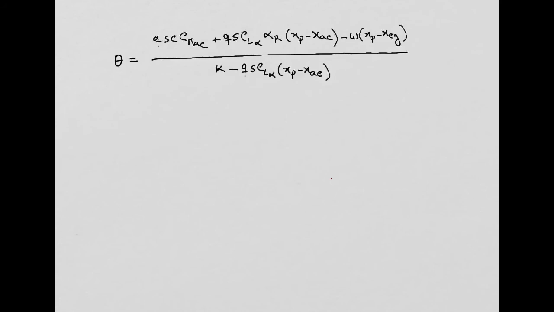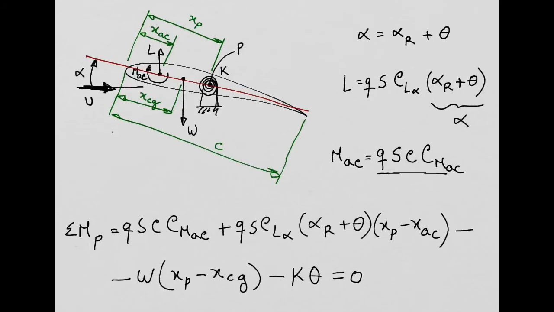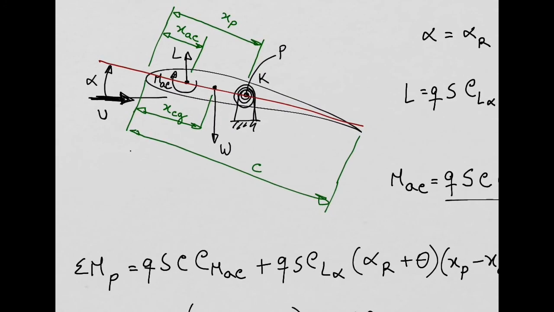Well, if this xp minus xac is positive, yes, it can go to 0. xp minus xac positive means that our pivot point P is aft of the aerodynamic center, which is usually the case.